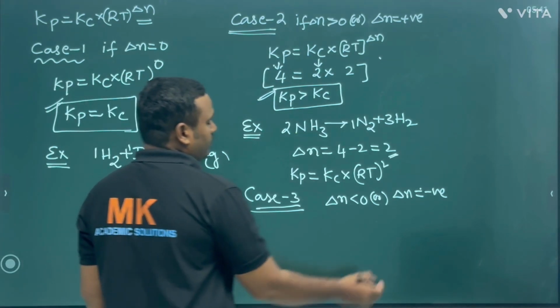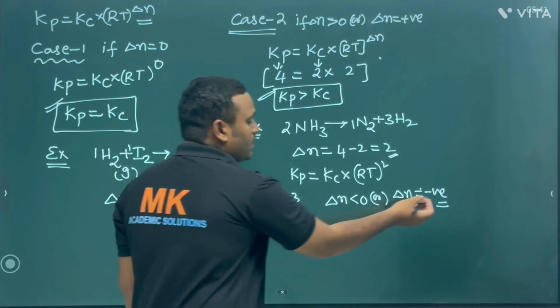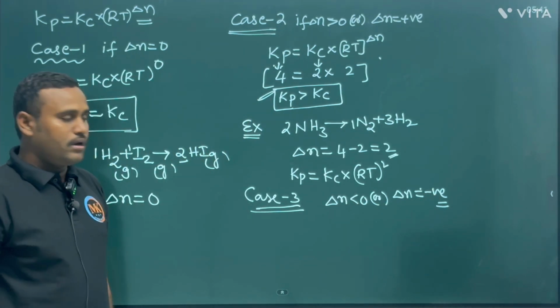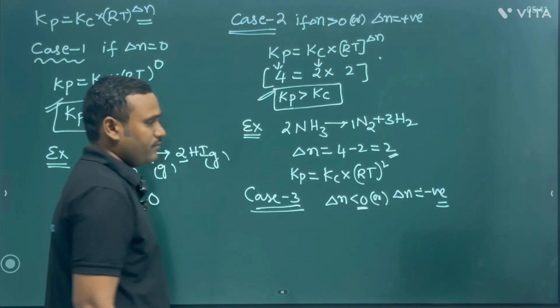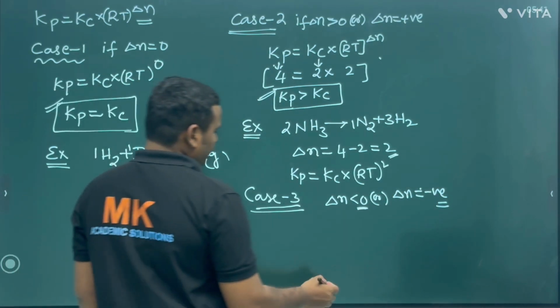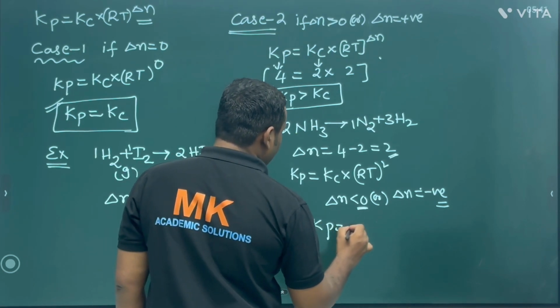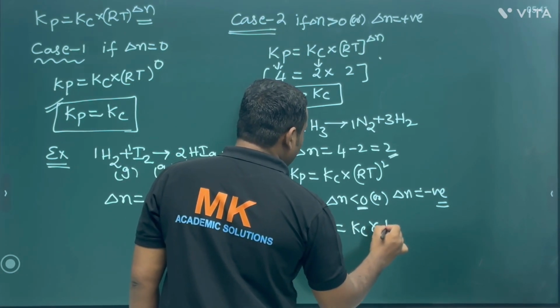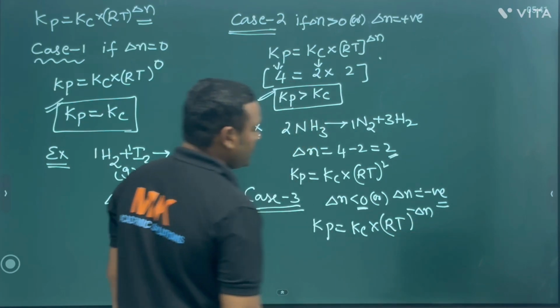Less than 0 is nothing but negative only. Sometimes in exams they may give this condition or that condition, that is why we need to learn both. Delta n is less than 0 means it is negative itself. So now here Kp is equal to Kc into RT to the power minus delta n.